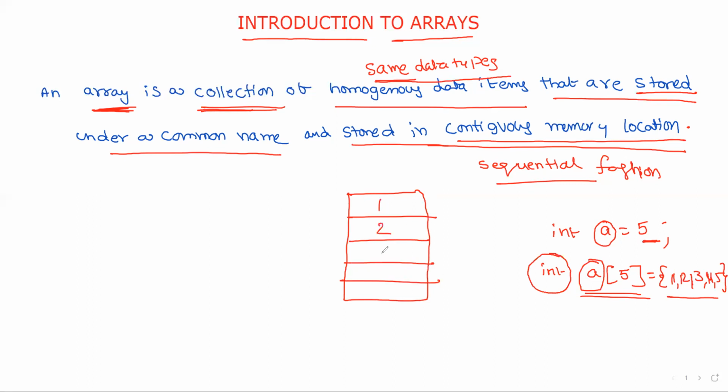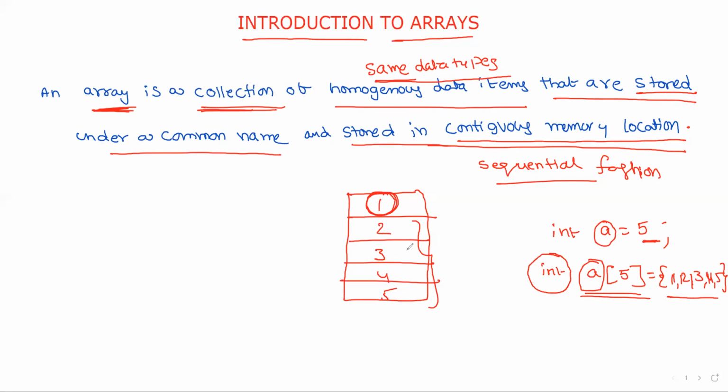So 1, 2, 3, 4, 5. All the elements are stored in a sequential fashion. What is the advantage? What is the advantage in the sense, if you know this element address, it is very easy to identify the remaining element address. It is very, very easy to identify the remaining element address. That is the main advantage.